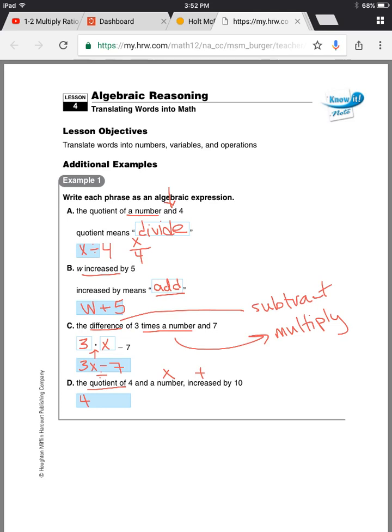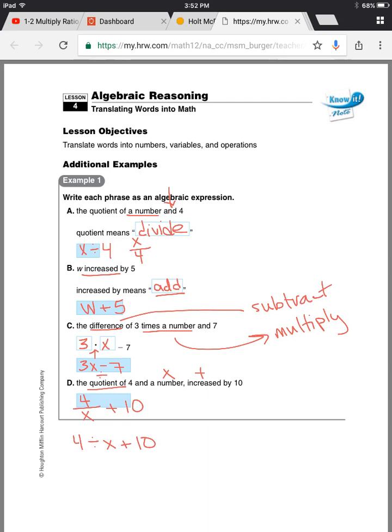Then that's going to be divided by x, because it comes second. And then we're going to add 10 to it. In these cases, I like writing everything out from left to right, because it would be quotient of 4 and a number. 4 becomes first, divided by x plus 10. You get the same thing.